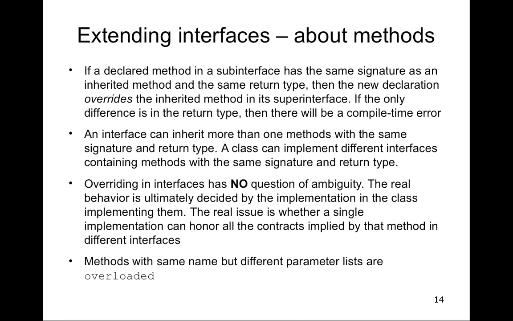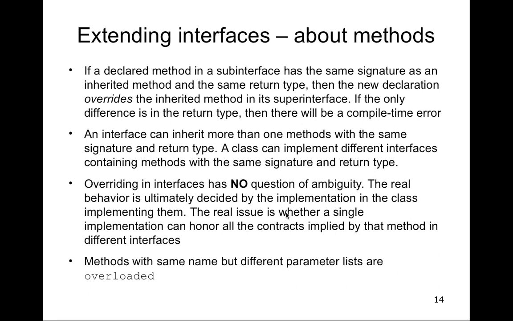So an interface can inherit more than one method with the same signature and the return type. The class can implement different interfaces containing methods with the same signature and the return type as well. Overriding in interfaces has no question of ambiguity, because you've overridden it. Nothing is hidden, it's overridden. So real behavior is ultimately decided by the implementation of the class that's implementing them.